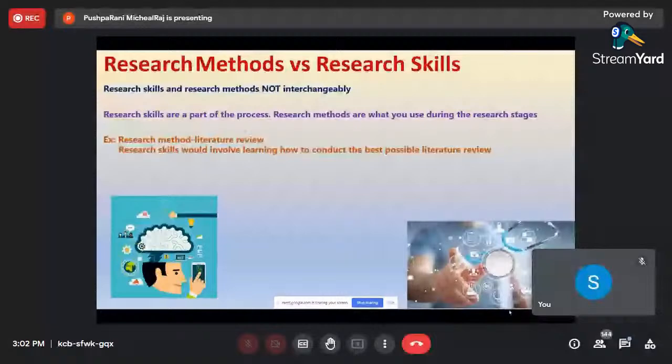The research method and methodology. Now we know the difference between research skill and research method.